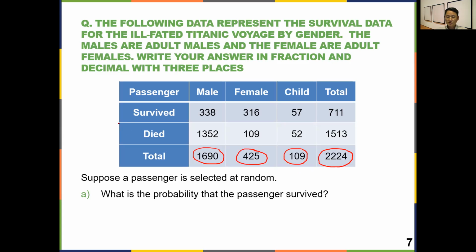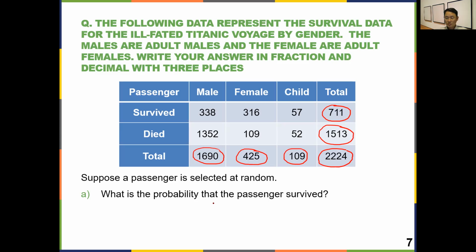And when it comes to survivors or who died, 711 survived. And more than twice of that, 1,513 of them actually died in the Titanic incident.